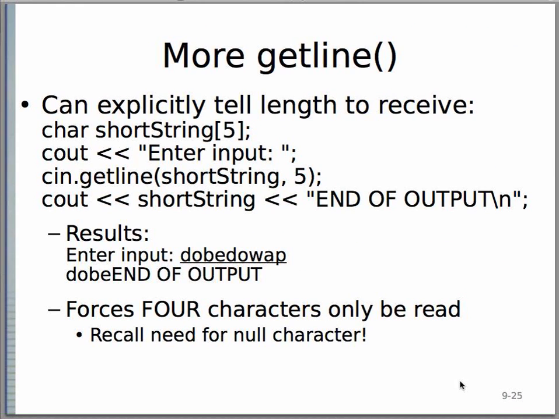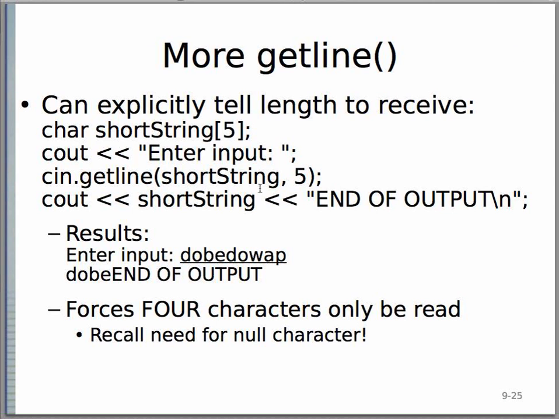Okay, so let's move on and take a look at more getline things. You can call getline directly as a member function of cin, which means all you do is get a complete line from the console, however many characters, and it's up to you, the programmer, to make sure that you have enough memory.